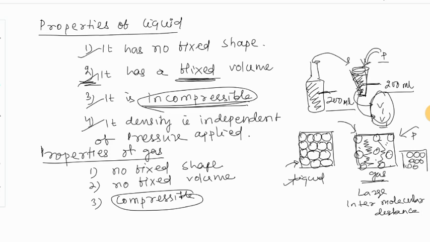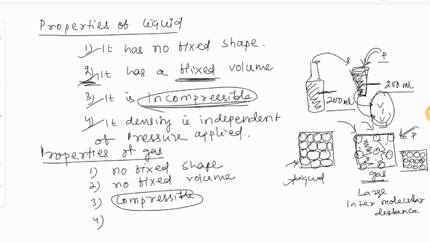This property is called compressibility. So what is compressibility? Compressibility is the property of a substance by virtue of which its molecules come closer than their original distances among the molecules when pressure is applied to them. Right?